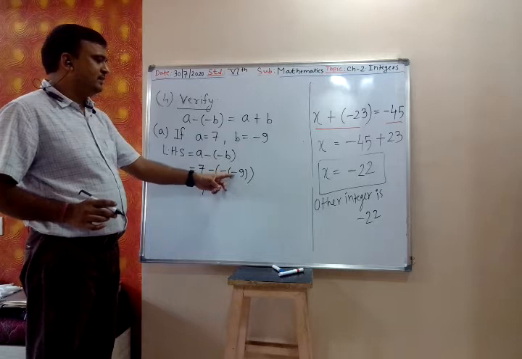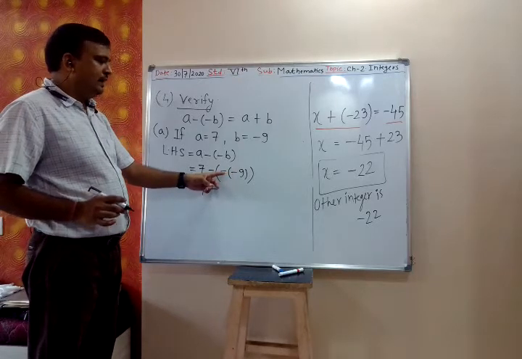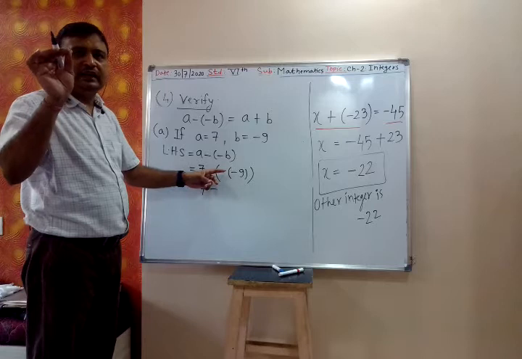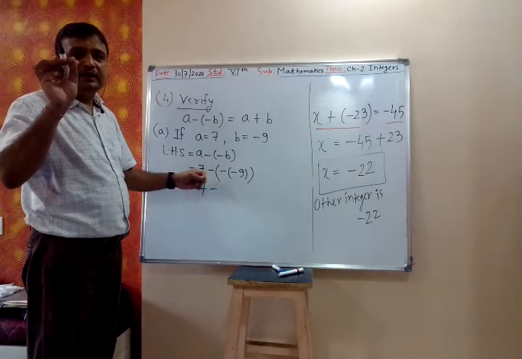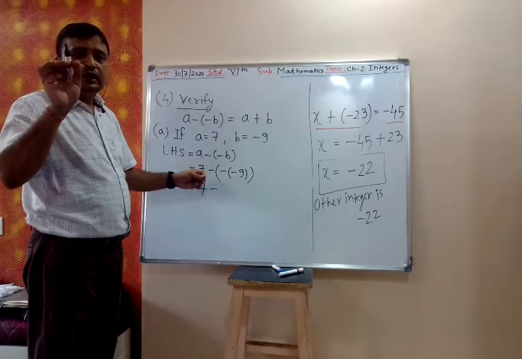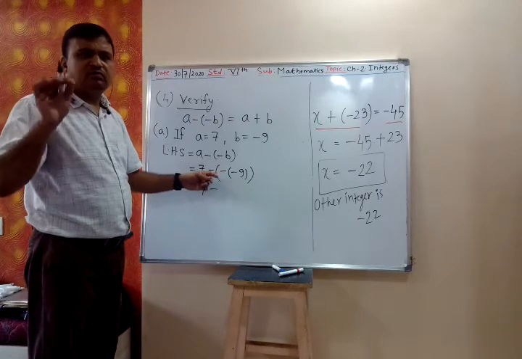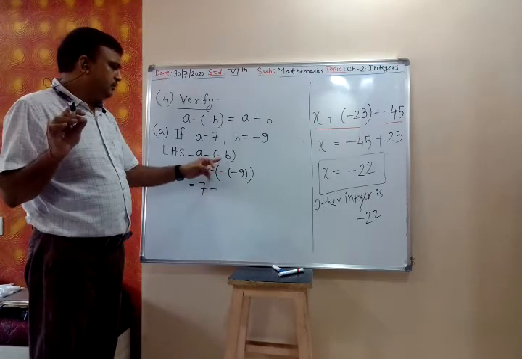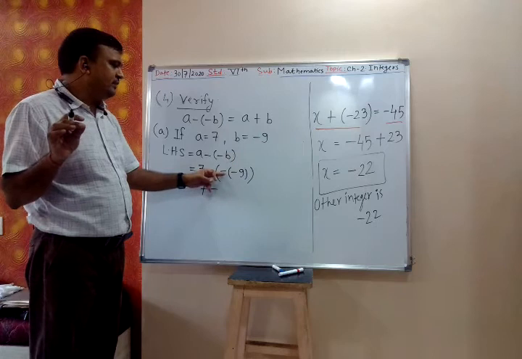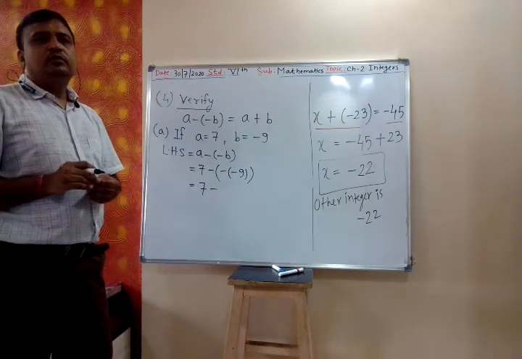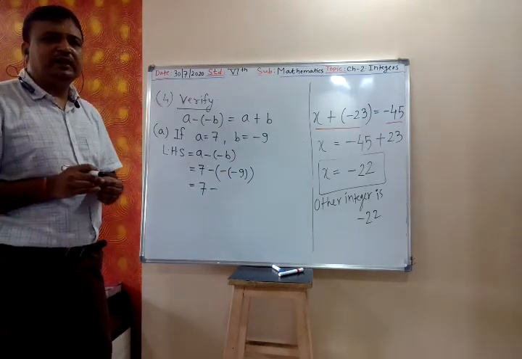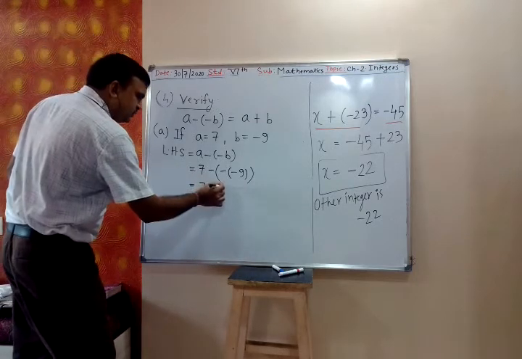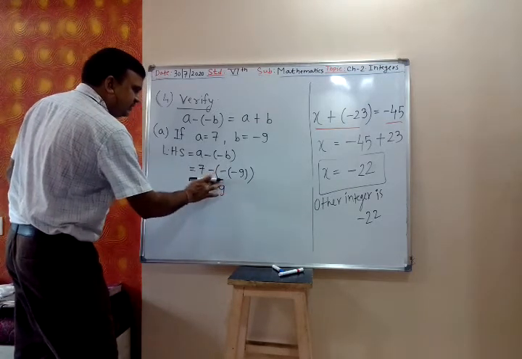Minus means additive inverse. b is minus 9, so what is the additive inverse of minus 9? Minus of minus 9 is plus 9.